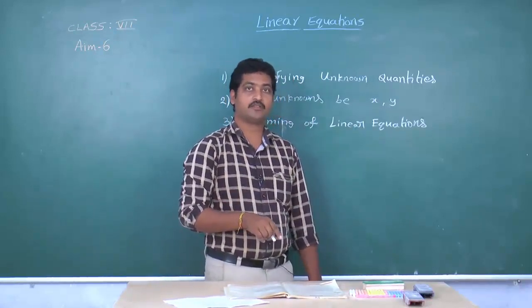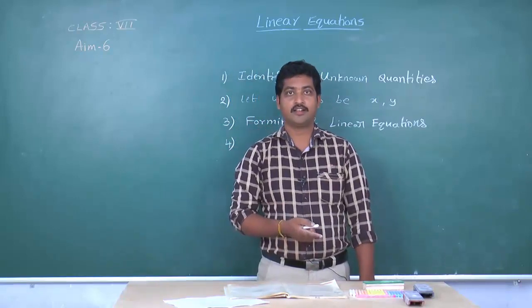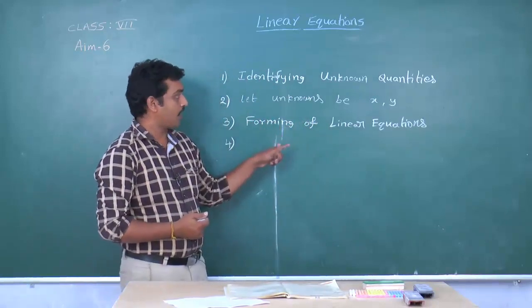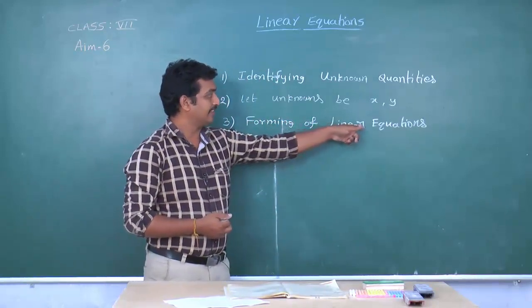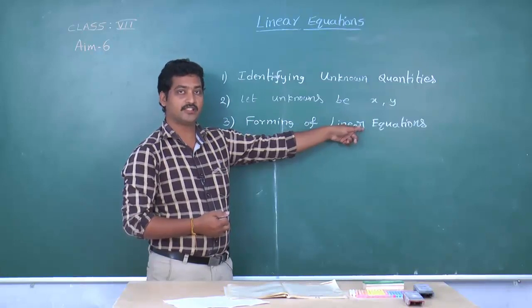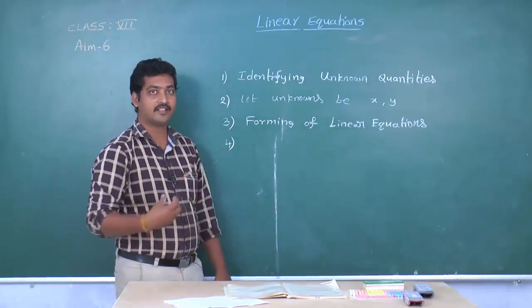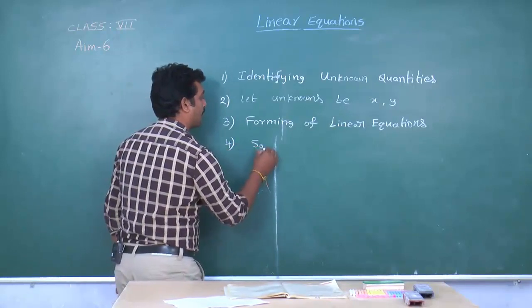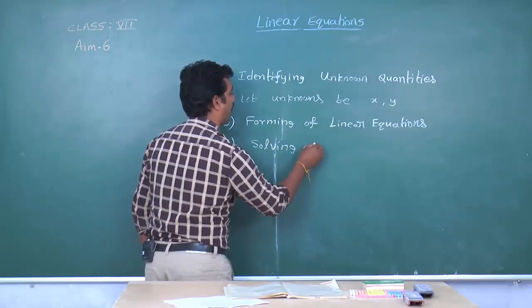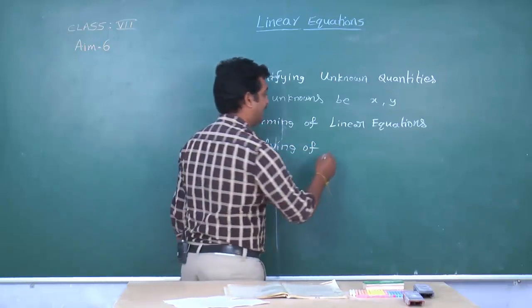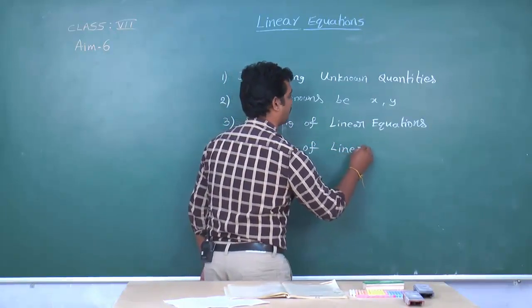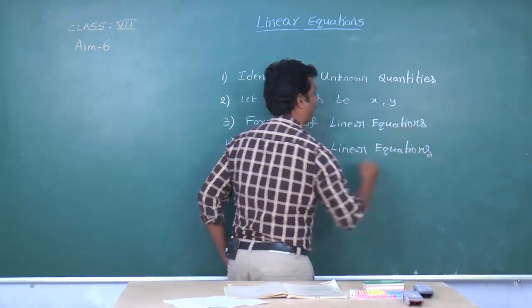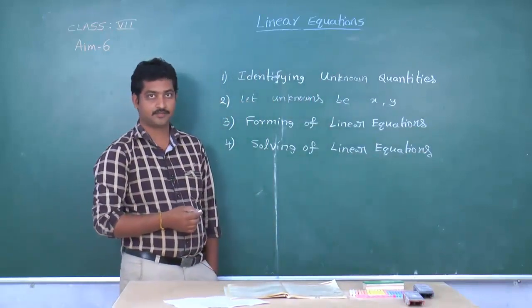Now, the fourth step. In aim number 5, we have learned three methods. Now, we have to solve these linear equations using any one of these three methods. So the fourth step is solving of linear equations.